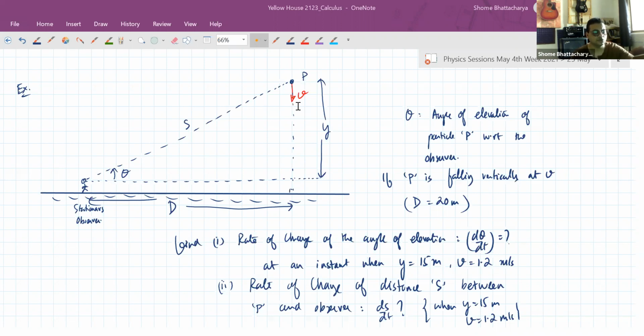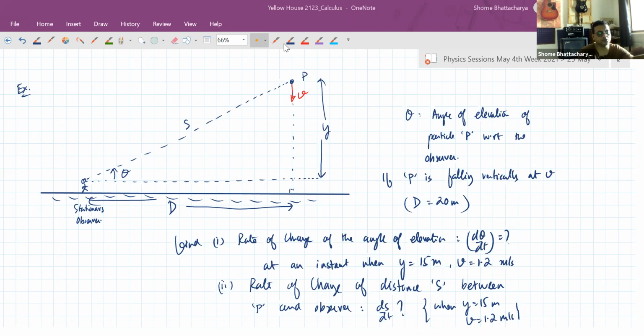So we don't know whether v is constant or not, but we are not concerned with that, because we want to find the rate of change of theta just at that instant. So we have to relate theta with y, and then use the fact that d theta by dt is related to dy by dt, which in this case is minus v. At the moment we are talking about, the value of y is 15, and the rate of change of y is minus 1.2 meters per second.